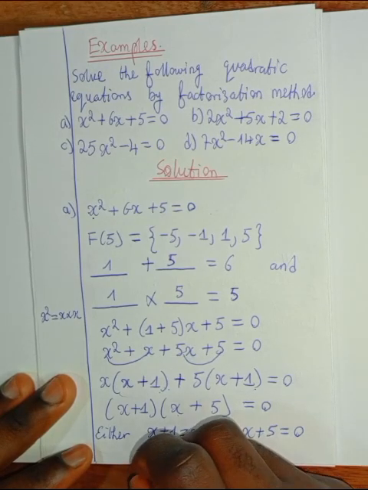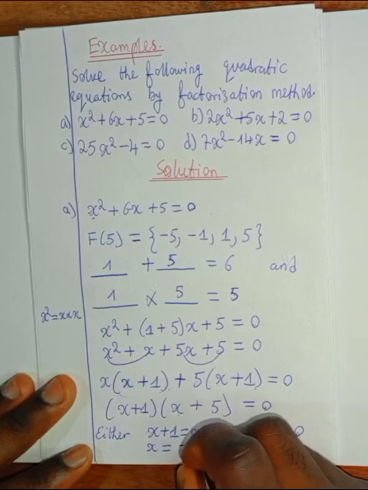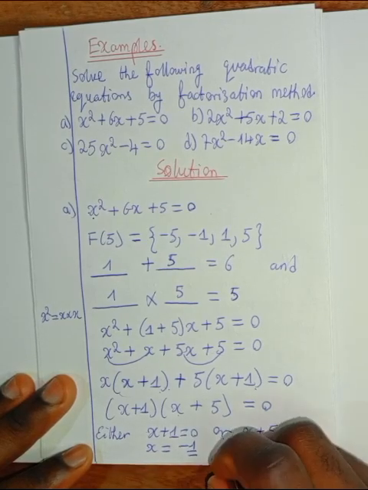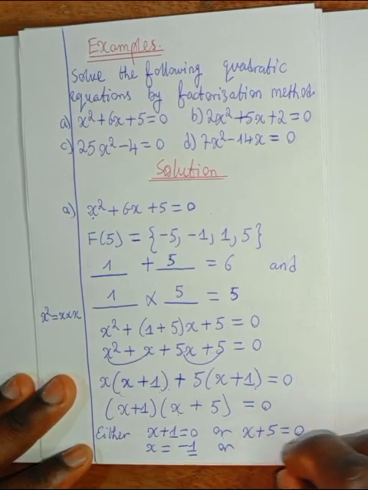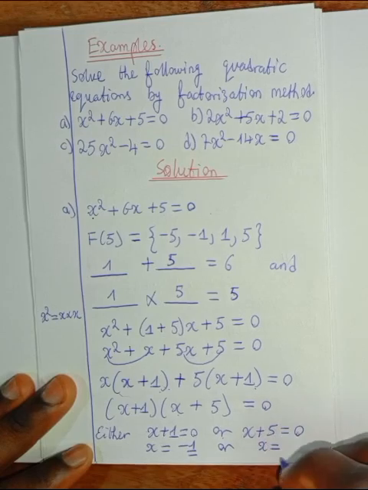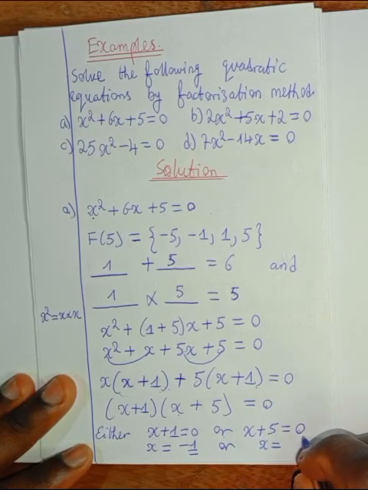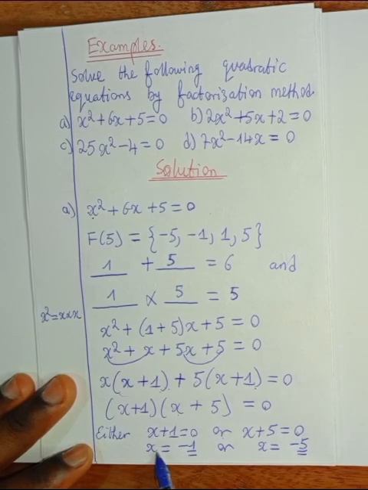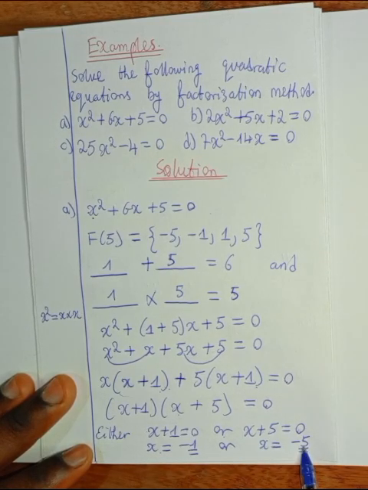Solving this linear equation, x here will simply be equal to -1. Or solving this other linear equation, x will simply be equal to, if you transfer positive 5 this way, it becomes negative. X equal to -1 or x equal to -5.